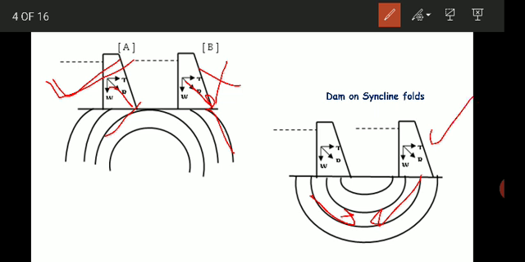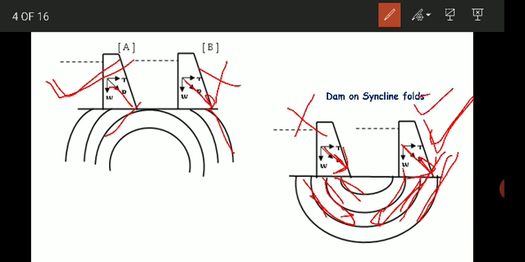Again you can study the same situation here. You can see the beds are dipping like this, and this R is perpendicular to these bedding planes. So this is safe and this is unsafe, because here again the beds are dipping like this. So here R is parallel to the bedding planes, right? So this is the safe side and this is not safe.